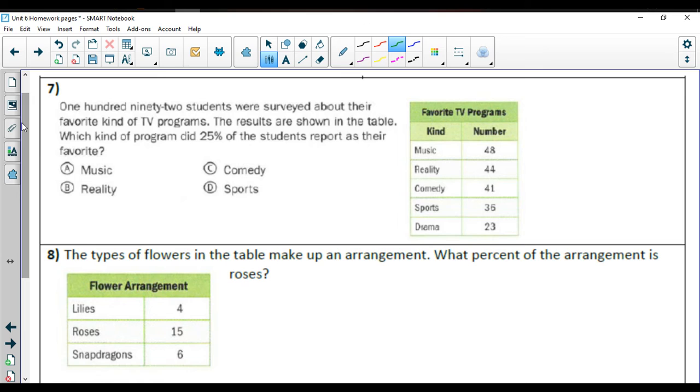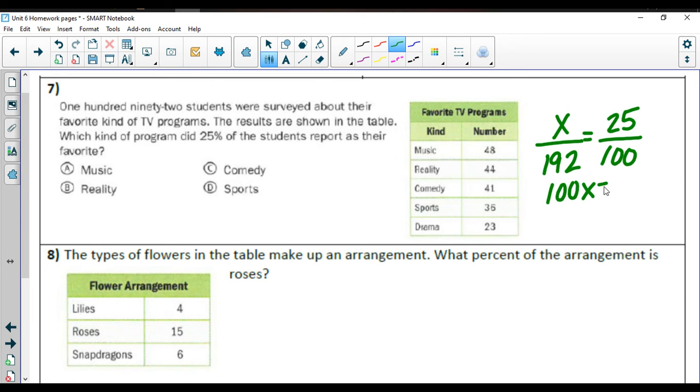For question number 7, 192 students were surveyed about their favorite kind of TV programs. What kind of program did 25% of the students report as their favorite? So I would almost work this backwards here, that we're looking for 25%. We know there's 192 surveyed. We want to find what number is 25%, so we don't have to check all of these.